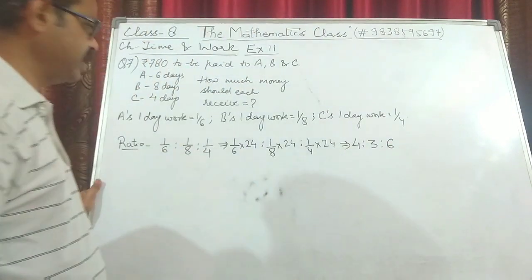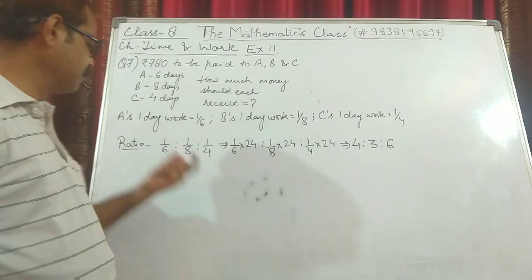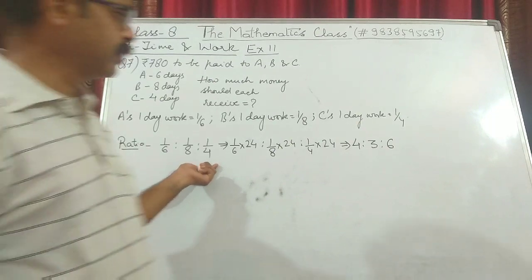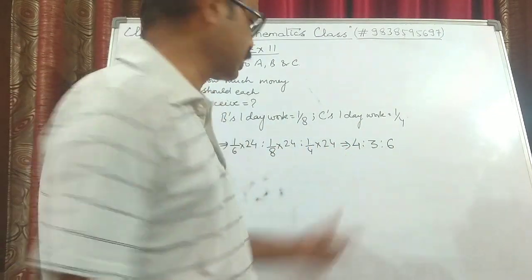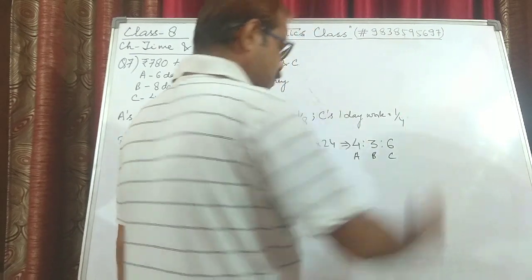Now the efficiencies of A, B and C, which were in the form of 1/6, 1/8, 1/4, have been converted to the form of 4:3:6. This is A's efficiency, this is B's, and this is C's.